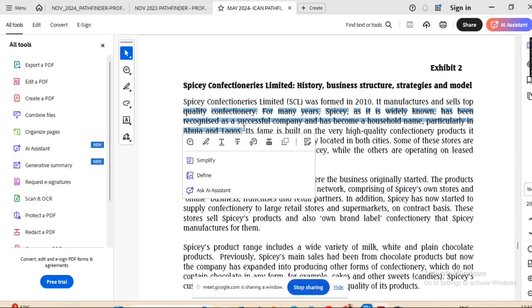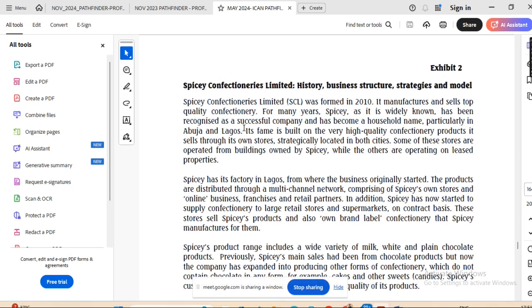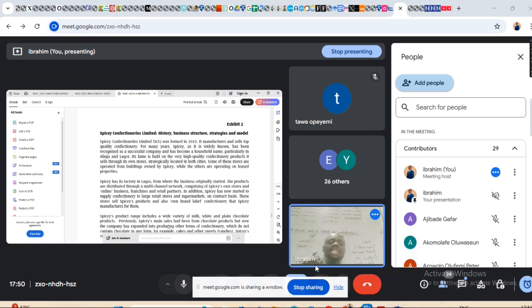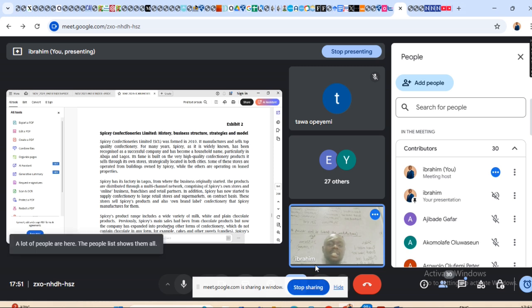Now, something should just come to your mind, right? Sometimes you have to think as an analyst that the only places they have are just Abuja and Lagos. What if they want to expand? That is what some people will come with.